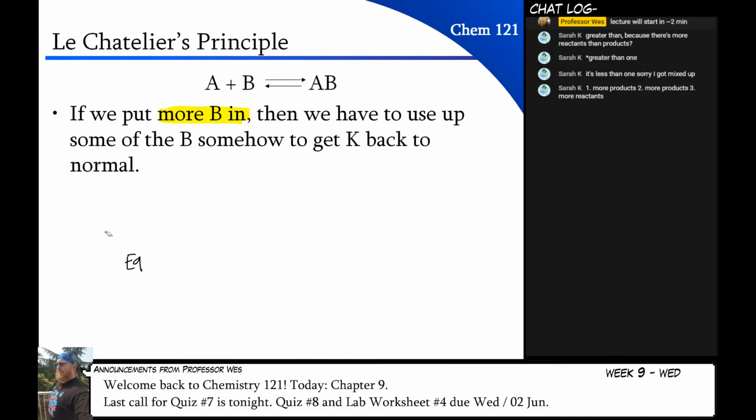Hold on. There we go. This side should be smaller, or lower. There we go. So we're at equilibrium. Here's my balance. And so my equilibrium constant is whatever we said it was. And then I'm going to put more B in. So we've got the original B that was there, and I'm going to put more of it in here.